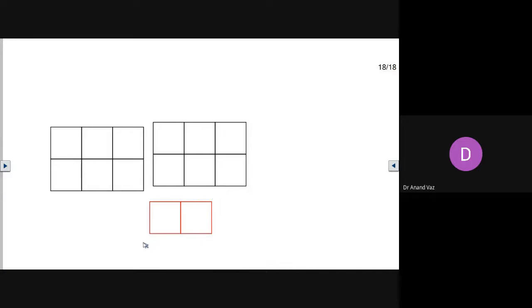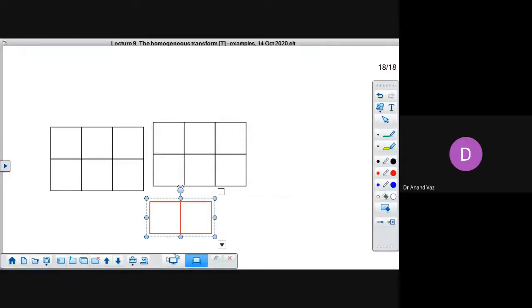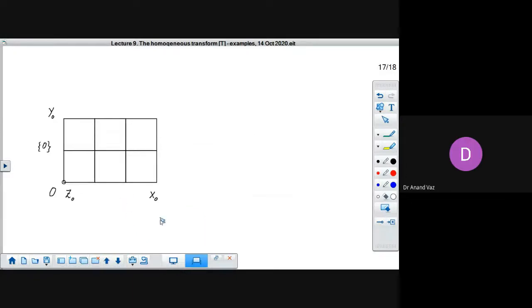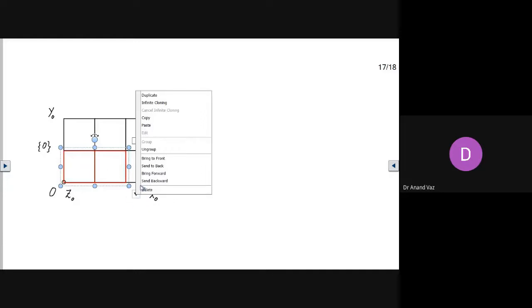Let's take both of them, and we'll place it over here initially. So it coincides. The frame in red, I've only shown a lesser number of boxes here.